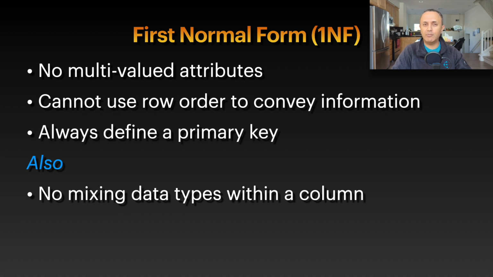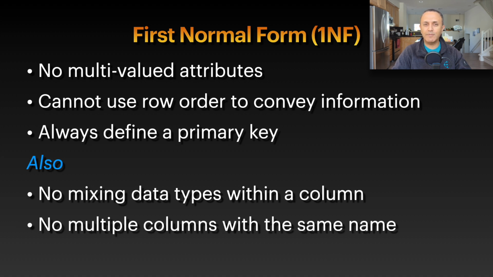Once you define the column with a particular type, it will make sure that everything that you insert satisfies this type. The second thing is that you cannot have multiple columns in the table with the same name. Again, this is something that the database will enforce anyway. You cannot define a table that has multiple columns with the same name. So these conditions are usually already satisfied, but I am including them here for completeness.